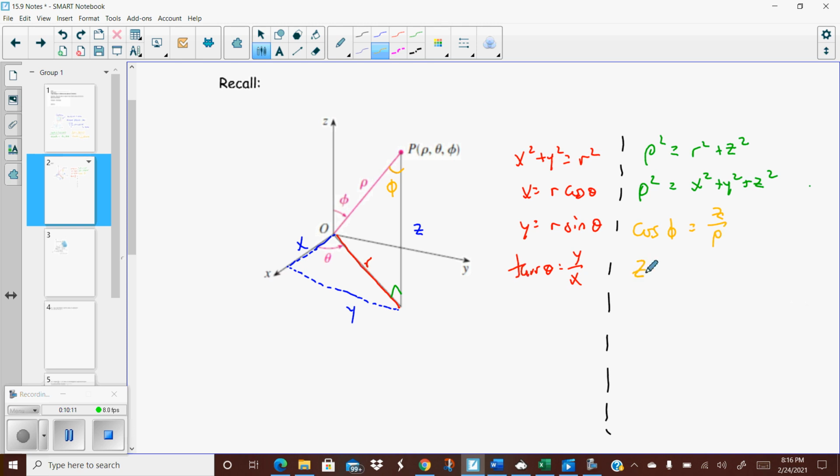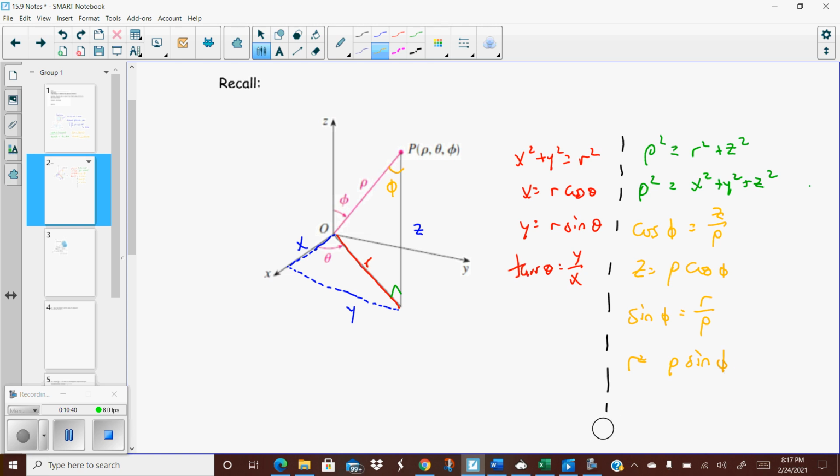So you would get that z equals rho cosine of phi. Likewise, sine of phi is going to be opposite, which is r, over hypotenuse, which is rho. And if I want to solve that for r, it is then going to be rho sine phi.